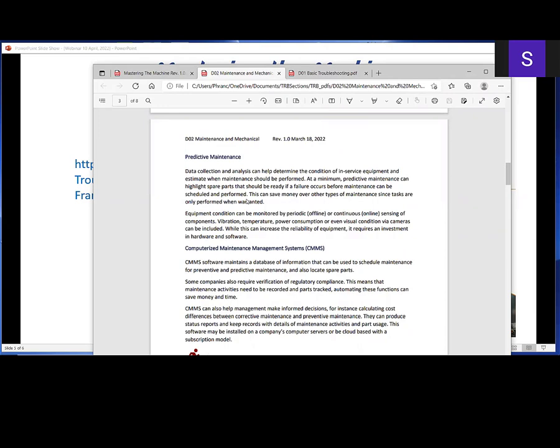If you put new tires on your car, could you have driven another 5,000 miles with your old tires? Well, maybe. But if you had a flat tire on a 1,500-mile trip where you have to be somewhere at a specific time, that can be a very unexpected, expensive way to do maintenance on a car. So you would want to replace your tires ahead of time when they start going bad.